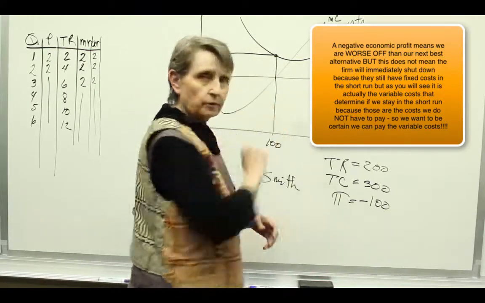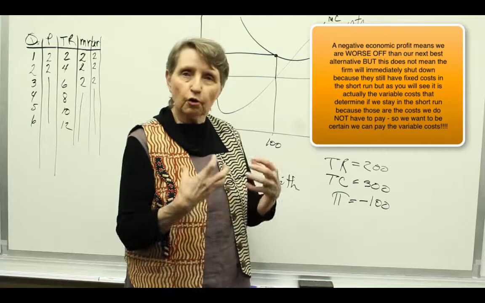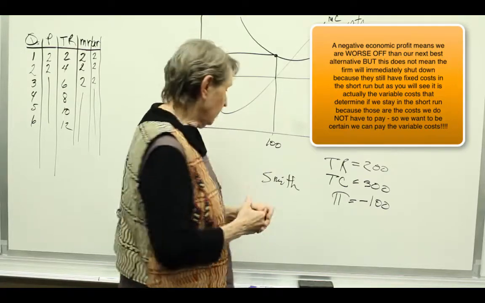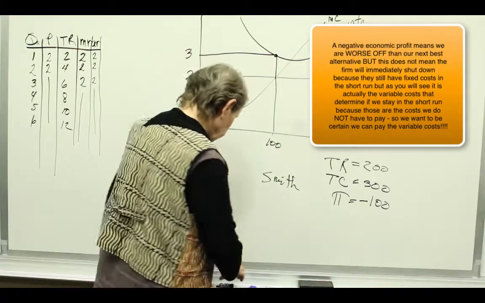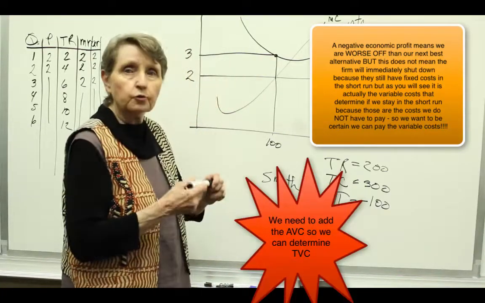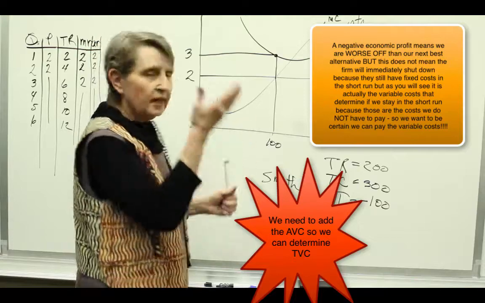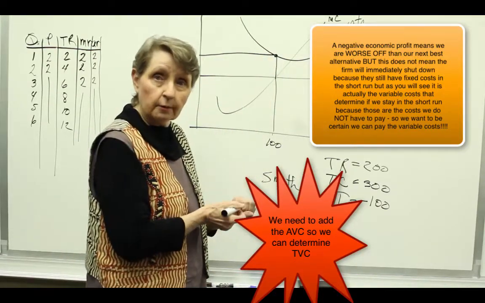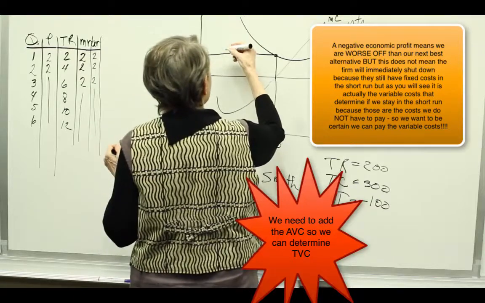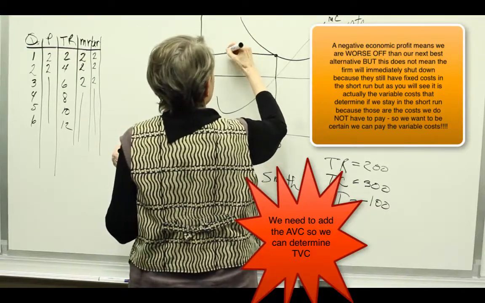Does this price cover your variable costs? So what we need to determine that is our average variable cost curve. And in previous videos, we've talked about average variable cost. It's also U-shaped, and it also cuts through the bottom of our marginal cost curve. So let's draw one in here.